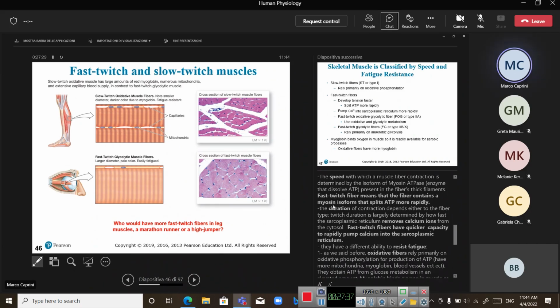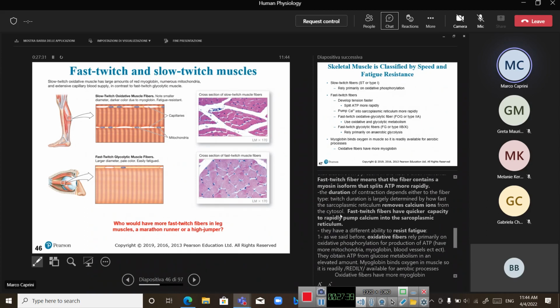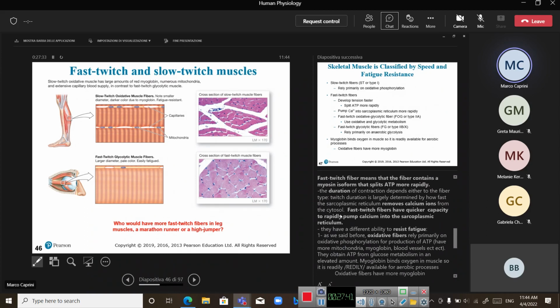And they also have, as we said before, different ability to resist fatigue. As we said before, oxidative muscle fibers rely primarily on oxidative phosphorylation for the production of ATP.